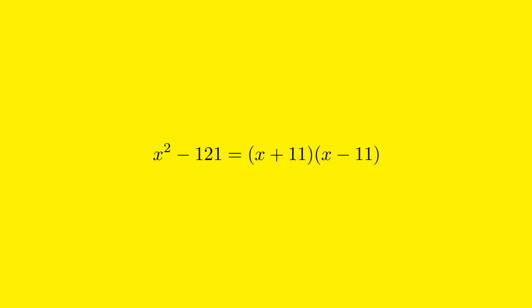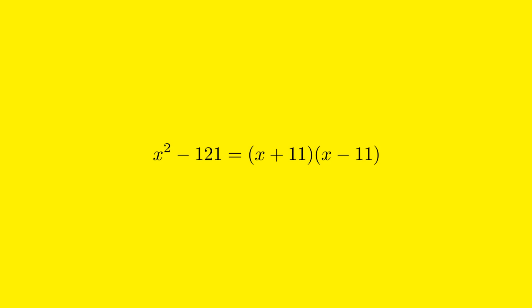Step 1 involves identifying the difference of squares in the expression x squared minus 121. Recognizing that both x squared and 121 are perfect squares, we rewrite the expression as the product of two binomials. The first term x squared is the square of x, and the second term 121 is the square of 11.